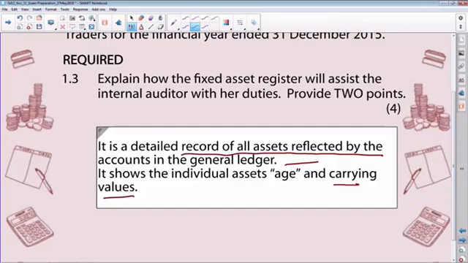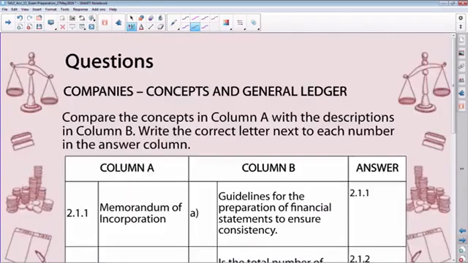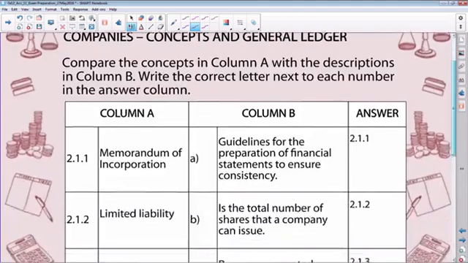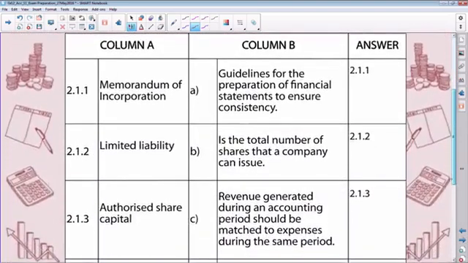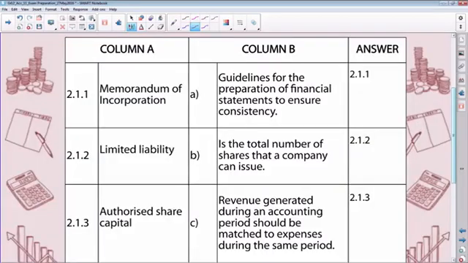We're going to move on to another question now, and we're going to match column A with column B. And in this particular question, you are given information in column A, which you have to match with column B, right? And let's take the first one.